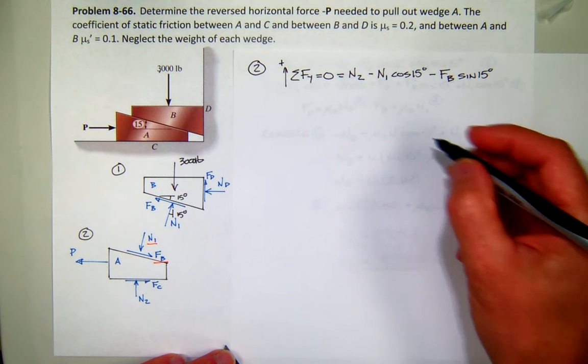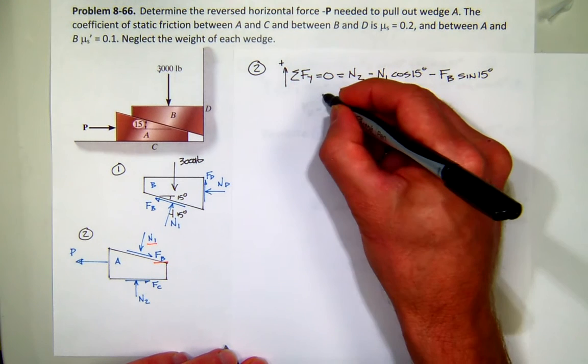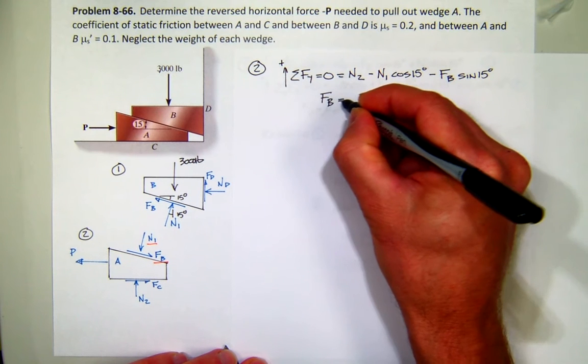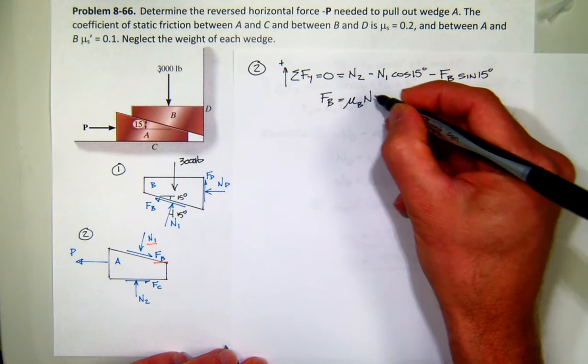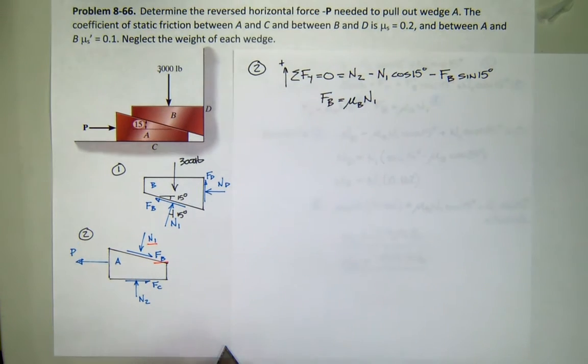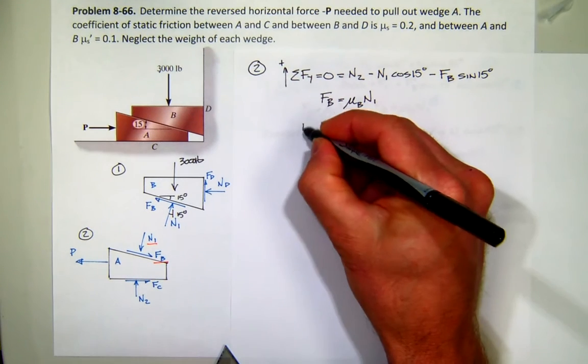Now, recall that the friction at B is mu B times normal 1. I know N1, so I should be able to solve for N2.